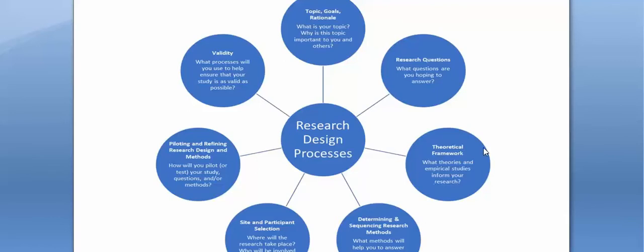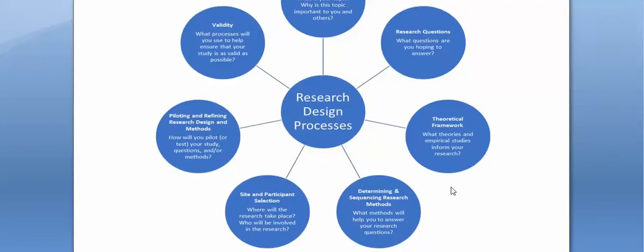Research question. What questions are you hoping to answer? Number three, theoretical framework. What theories and empirical studies inform your research? Next, determination, sequencing research methods. What methods will help you to answer your research questions? Site and participant selection. Where will the research take place?